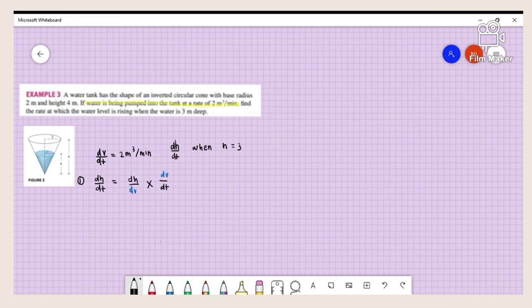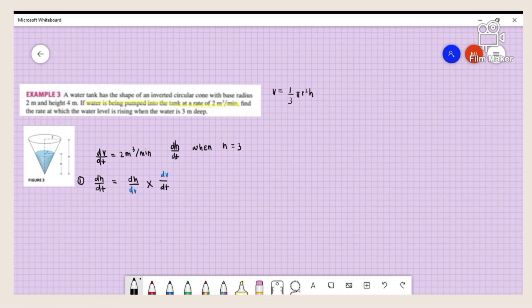So in order to find dh over dV, we start with the volume of a cone, which is 1 over 3 pi r squared h. So we have r here. We don't want r, so we're going to substitute r with a value.